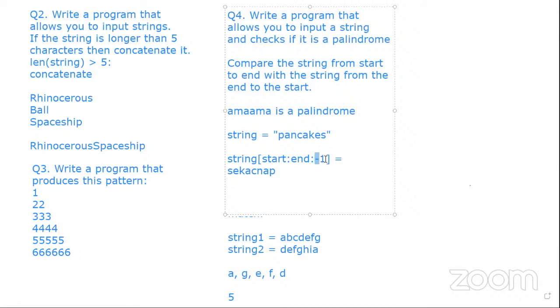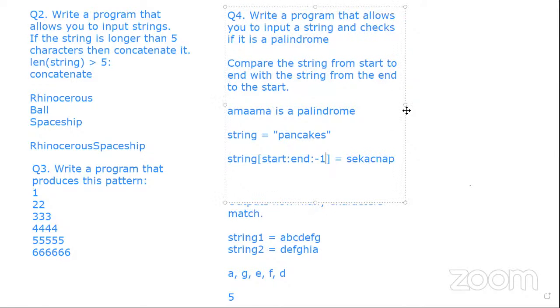And like I said before, the substring we learned last lesson didn't have this. It was just this, okay? But for this one, it is necessary to have a third one because you need to tell the program which direction you're going.